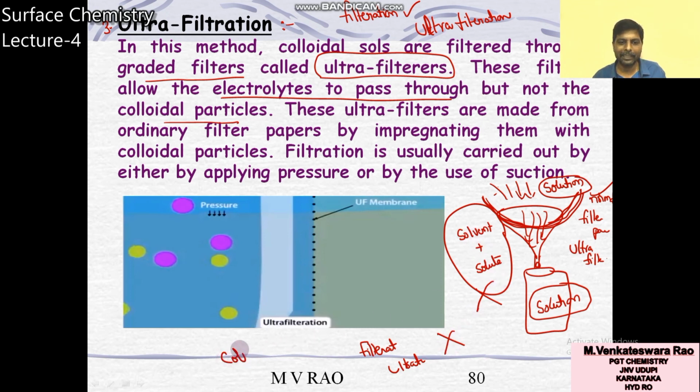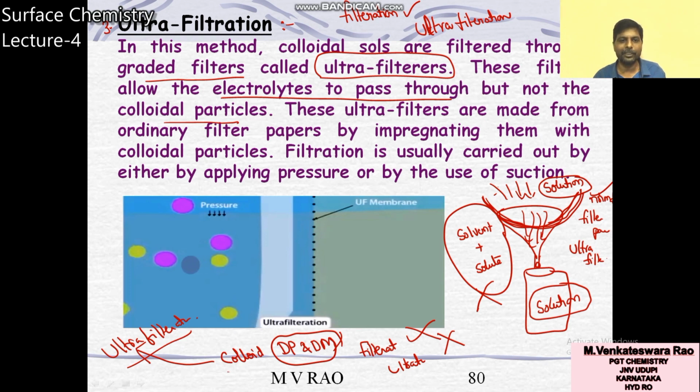But in case of colloid, the dispersed phase and dispersion medium cannot be separated by filtration, but can be separated by ultrafiltration. Both dispersed phase and dispersion medium can be separated by ultrafiltration.